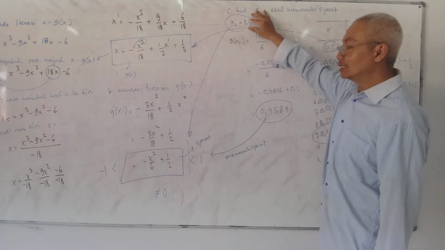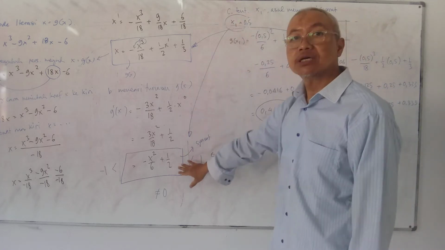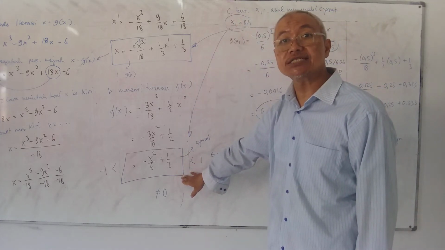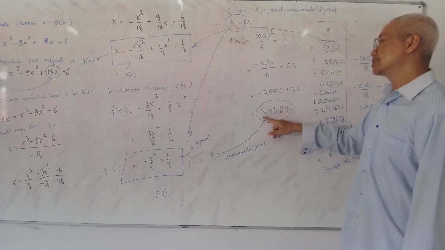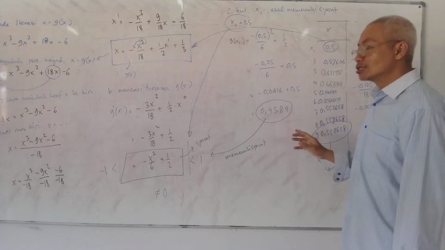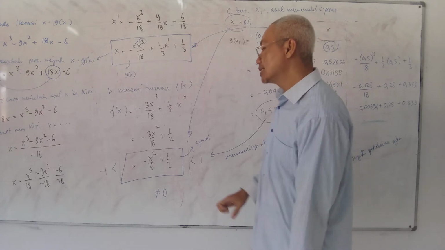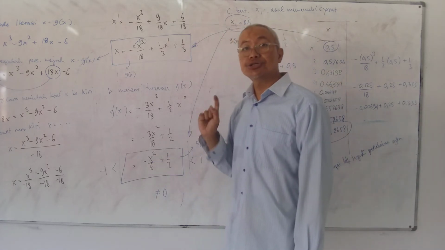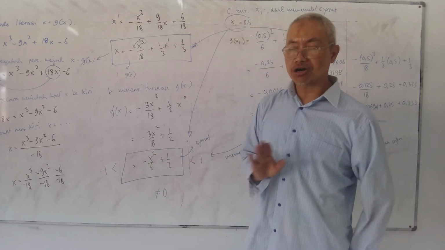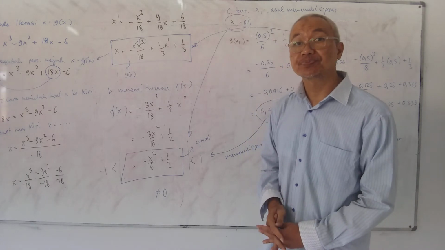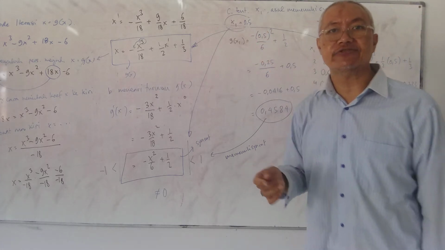So we just put 0.5 into the equation of the requirement. Okay, so we calculate that the result is 0.4584. So it meets the requirement. What is the requirement? The value of g'(x) should be between 1 and minus 1, but must not be 0. Understand? So we can conclude that we can use 0.5 for the next iteration.